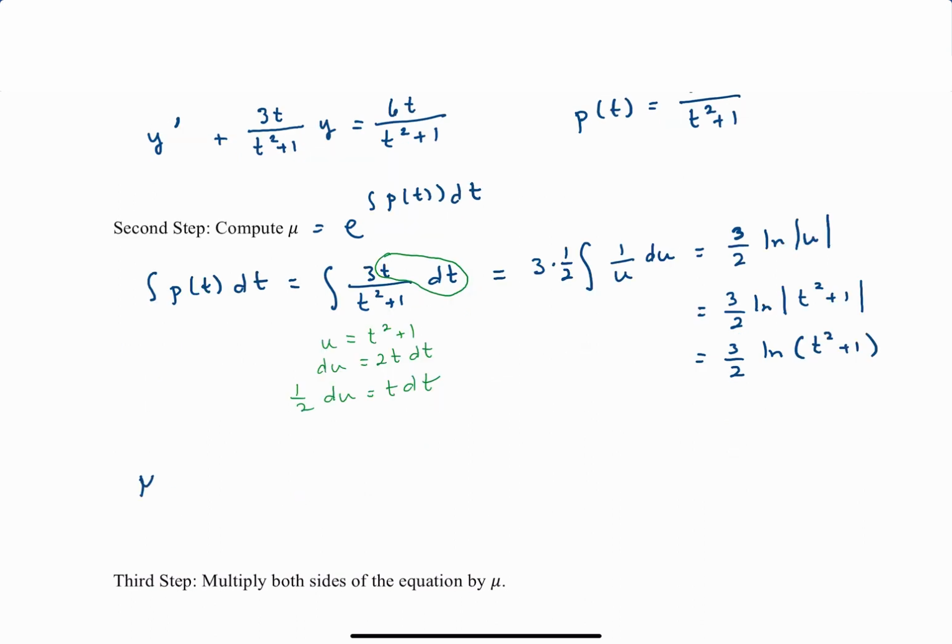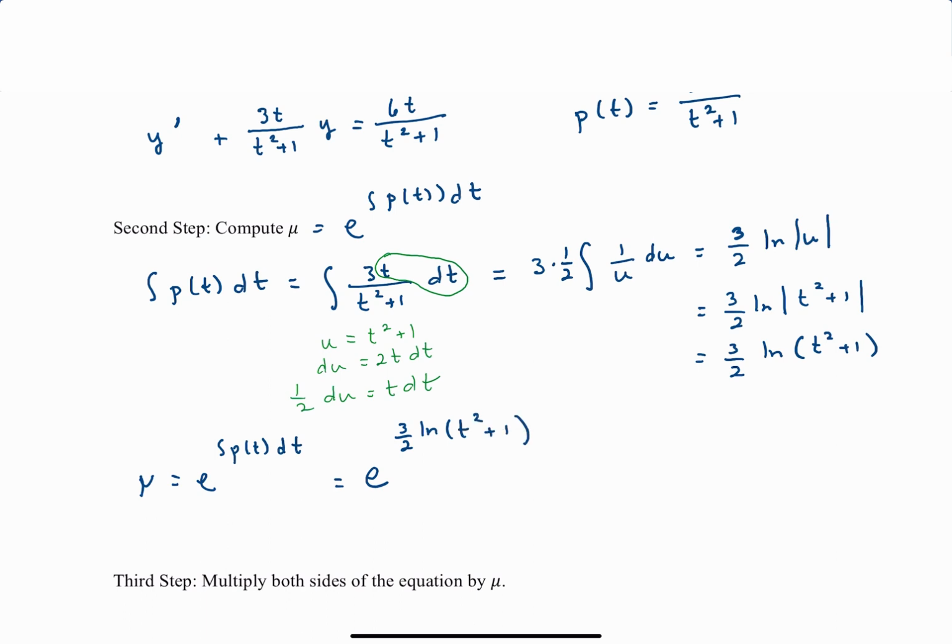So mu, which again is e to an antiderivative of p of t, and our antiderivative is 3/2 ln of t squared plus 1.